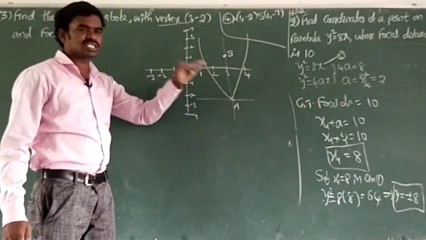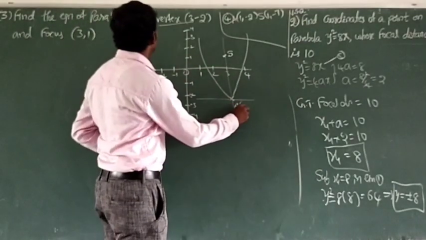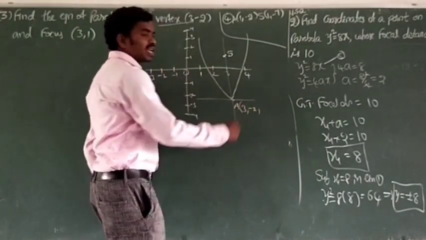So what is the general equation of a parabola of this kind? Here the vertex is not the origin. It is some h comma k.